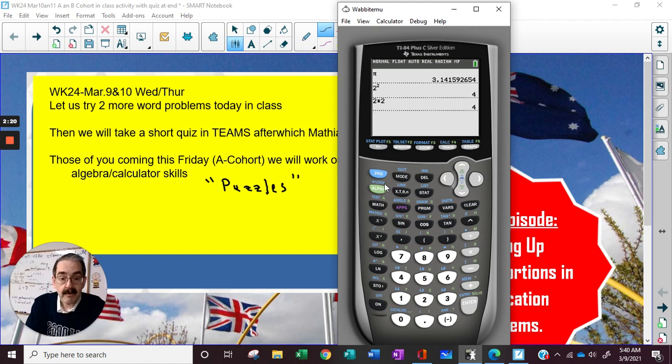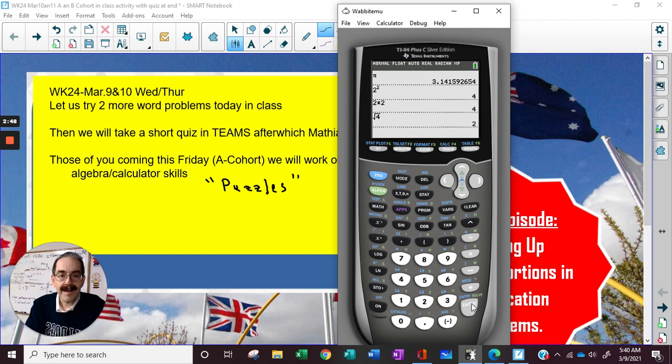On this side of the calculator, all the buttons are the opposites. What's the opposite of on? Off. Store, recall, the ln, that's called the natural log, e to the x, the logarithm, 10 to the x, squared, the square root. So now if I go second square root of 4, I get 2. Square it, unsquare it.